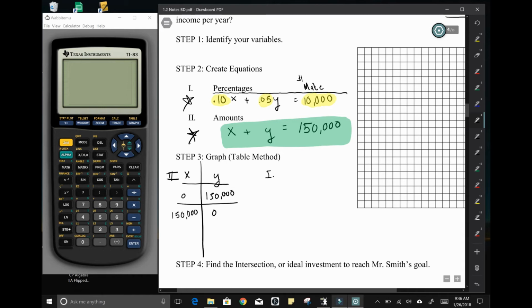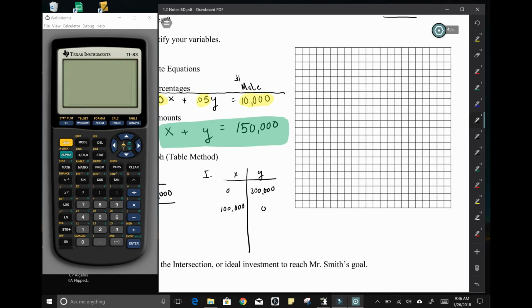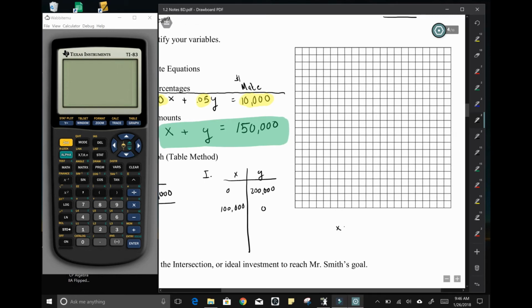For the first graph, x and y, again, finding the intercepts, here you get 0 and 200,000, and you get 0 and 100,000. Table method, plugging in zeros, finding the intercepts. Now again, x is AAA or AA bonds, and these are actual things. And then on our y, we have certificates.